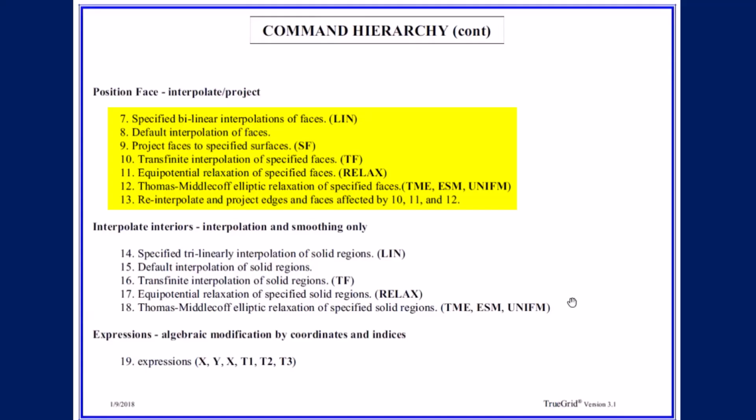Now, it's a little more complicated when relaxation or Thomas Middlecoff or uniform are involved, because it's not a one-step process, but the principle is still the same. First, it interpolates, then it projects. Then it uses the relax first iteration to move things around a little bit, and then reproject, and then move all the interior nodes around again a little bit, and then project.